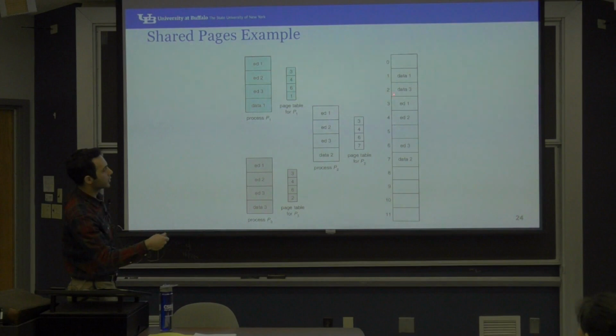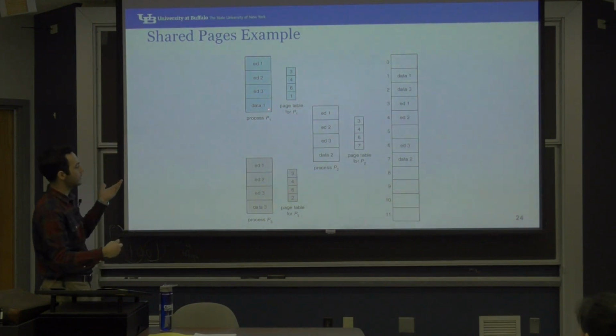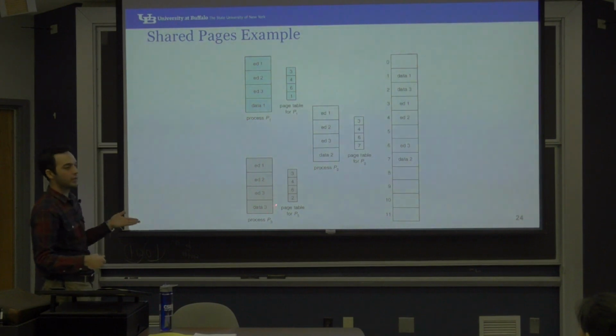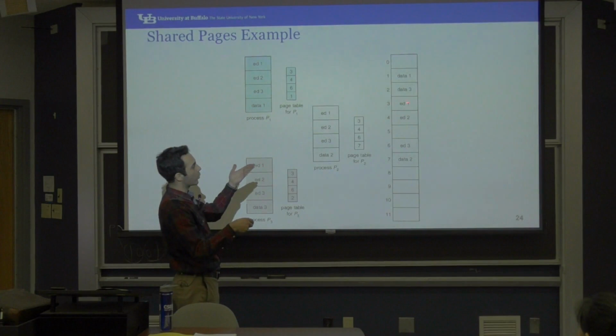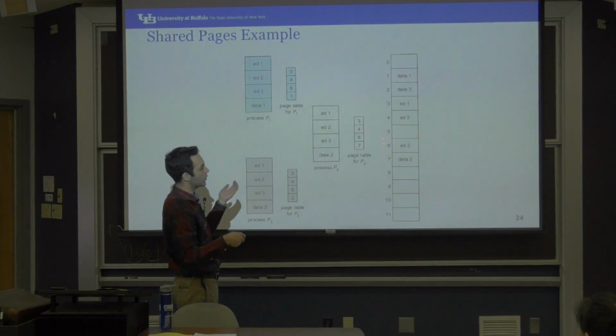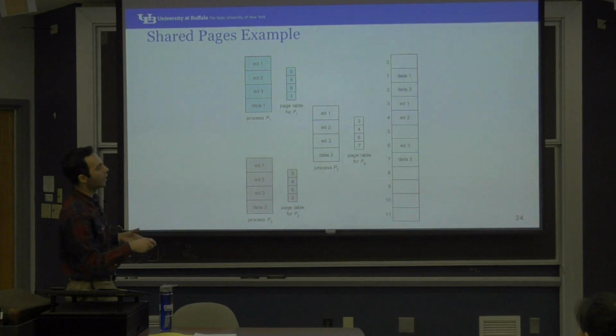As I said, you see each process has the ED 1, 2, 3 as part of their logical address space. They have their own data. So this one has data 1, this one has data 2, and this one has data 3 separately, right? On memory, we only have one ED1, one ED2, and one ED3, because it doesn't make sense to just copy the whole thing.